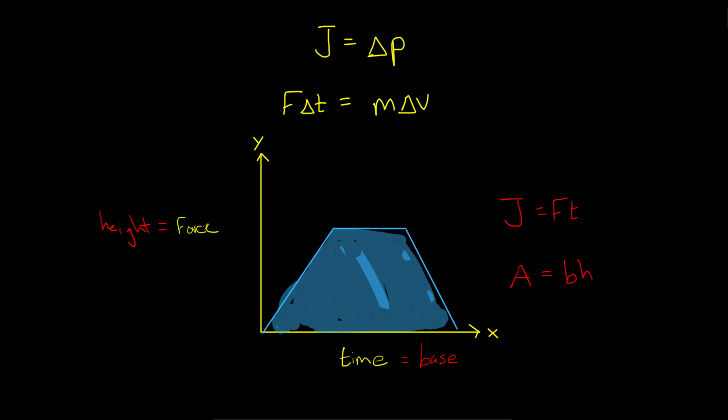Since the base represents the time and the height represents the force, and the two variables are multiplied by each other, it makes sense to say that the shaded area underneath the curve is related to the object's impulse. So we can use this graph and simply find the area by calculating the area underneath the slope.